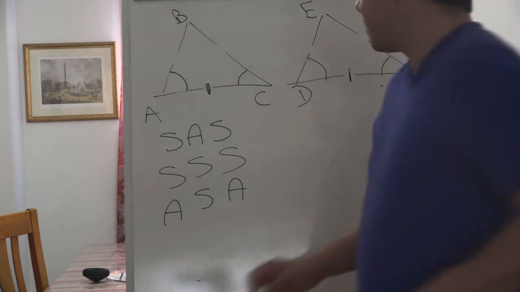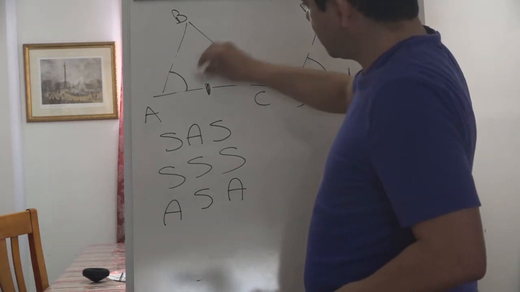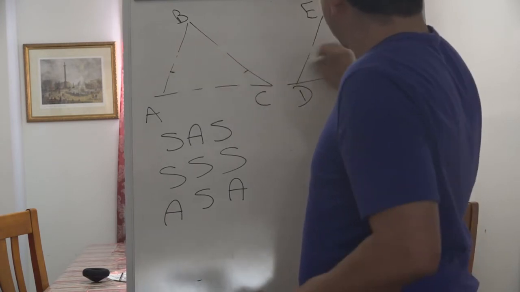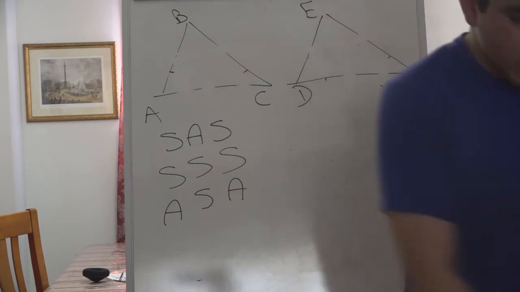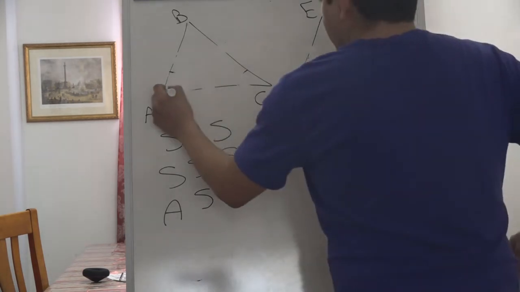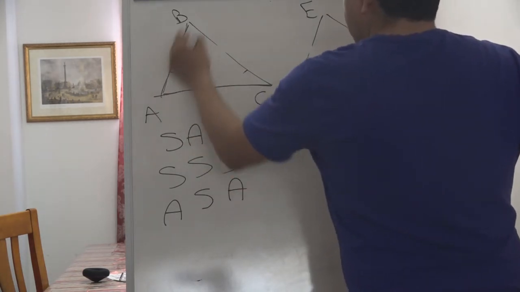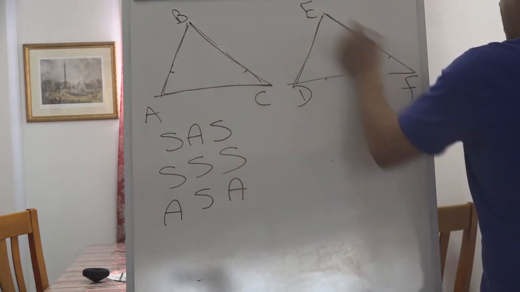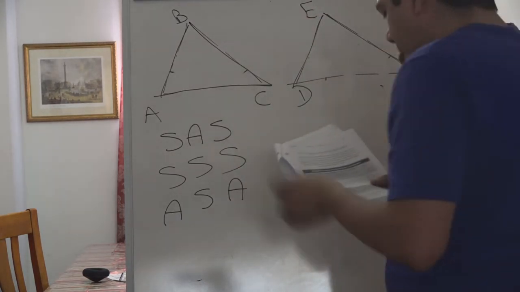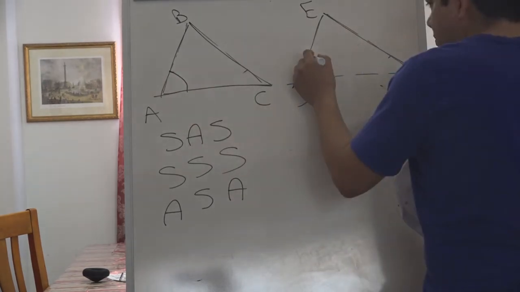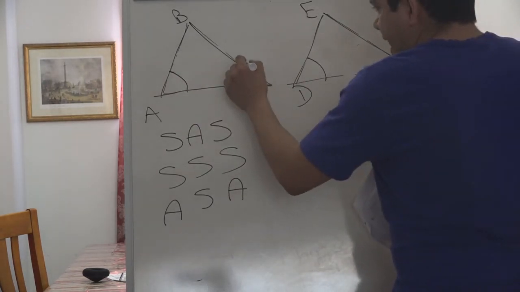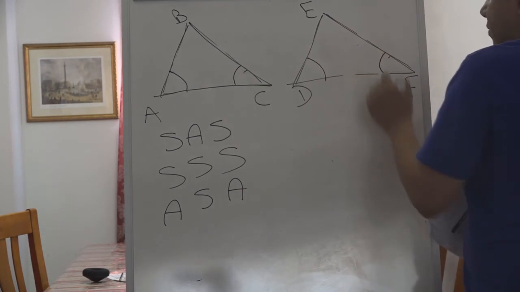Let me erase this. Okay, so now let's say that you have this angle congruent to this angle, and this angle congruent to this angle.